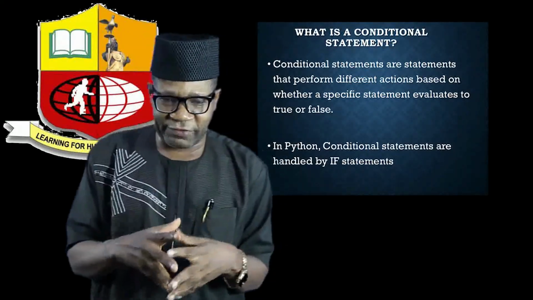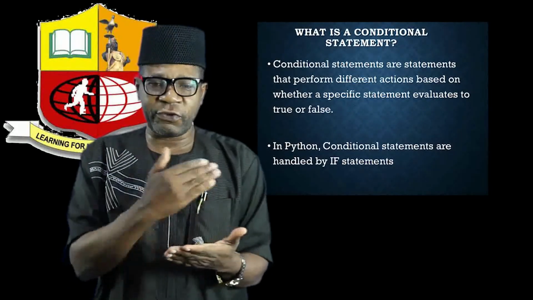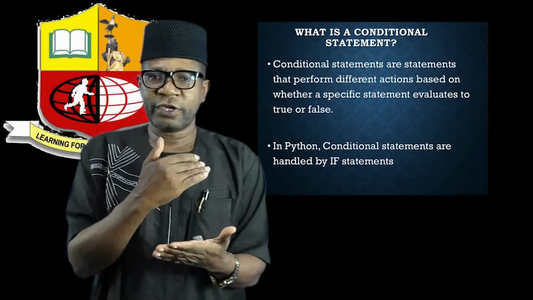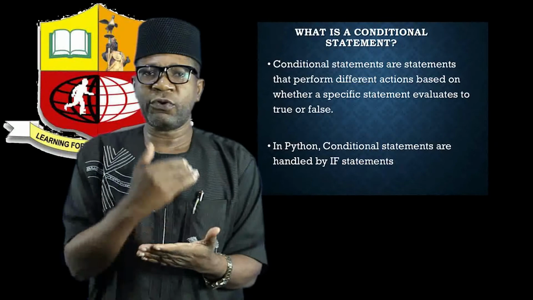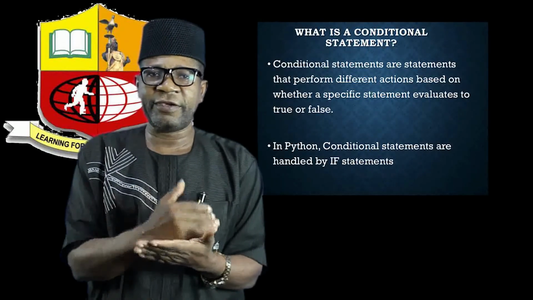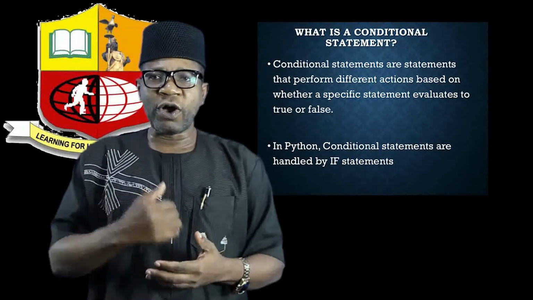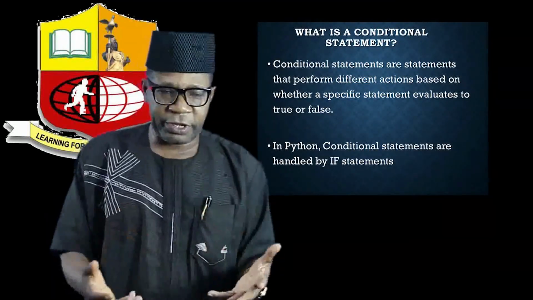But back to conditional statement. We want to know there is a condition. So in the example I just gave, if it rains and you want to come to class, you need the umbrella. So the condition there is if it rains. If it doesn't rain, you don't need the umbrella.